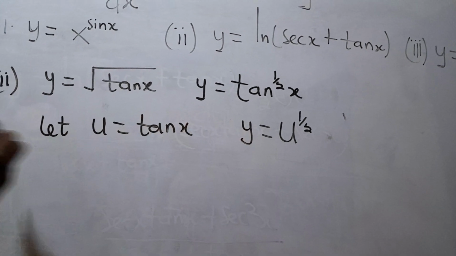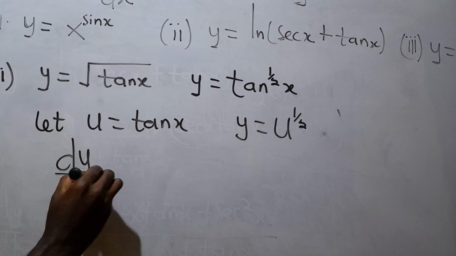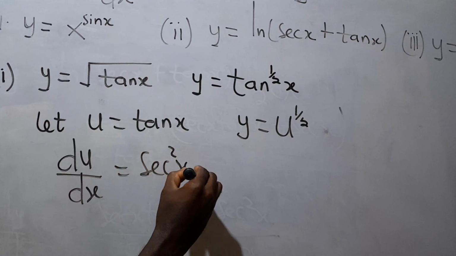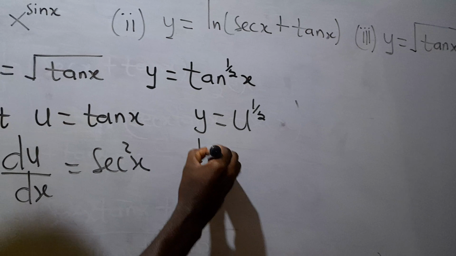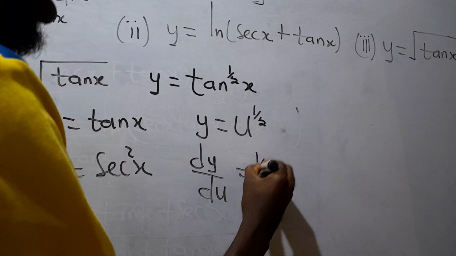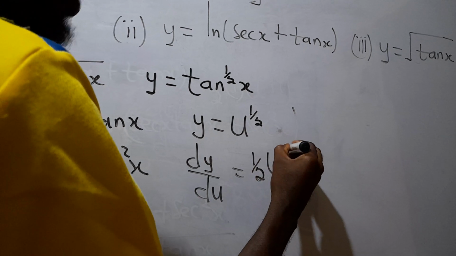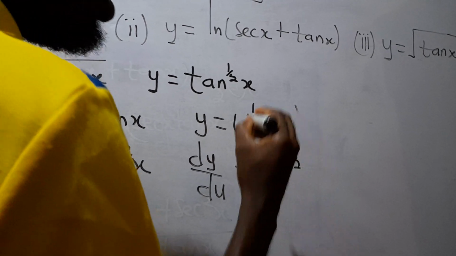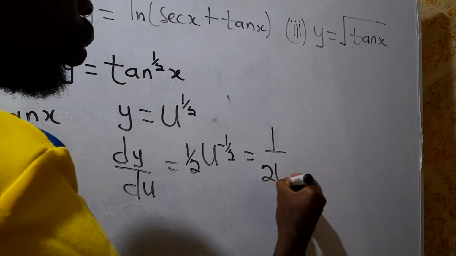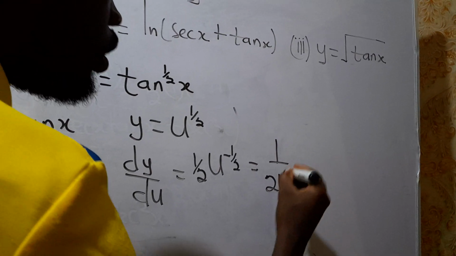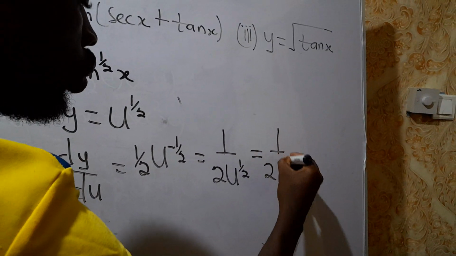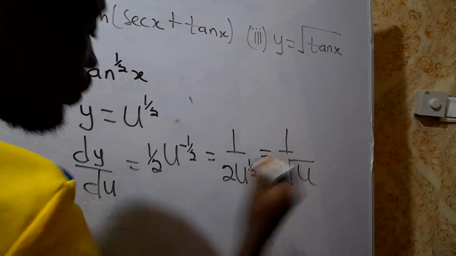Now differentiate these two functions. Our du over dx, remember, will be sec square x. Then our dy over du will be, we drop half and subtract 1 from the exponent, which will be negative half. On polishing this, we get 1 over 2u exponent half, which can be rewritten as 1 over 2 the square root of u.